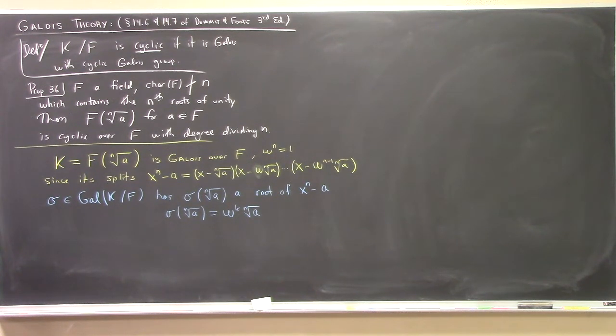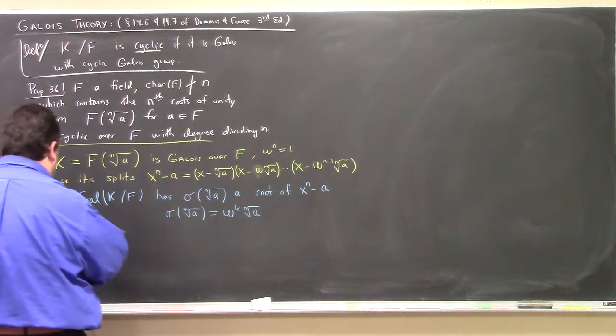And that gives us a map from the Galois group of K over F to what he calls mu n, the group of the nth roots of unity.